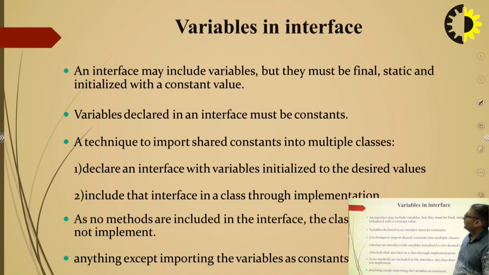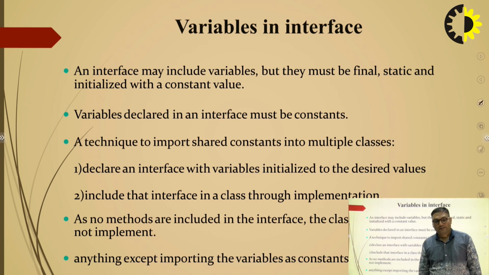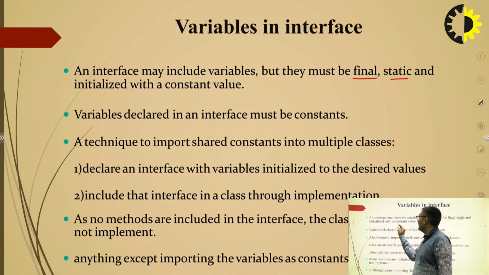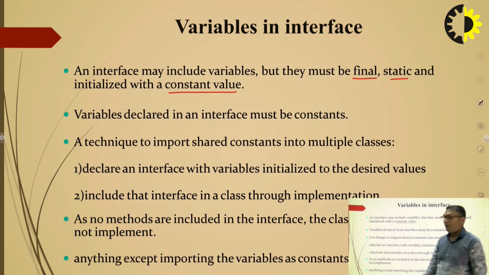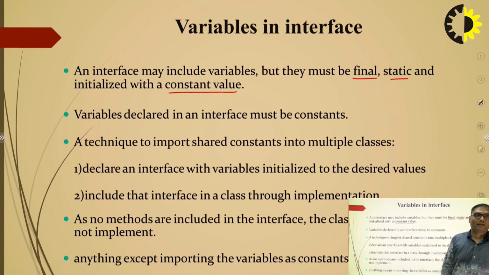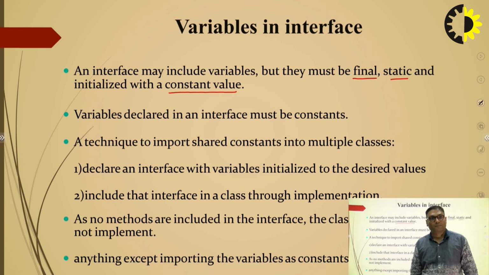Variables in interfaces. When we define a variable inside an interface, there is something we should remember. The interface may include variables, but they must be final, static, and initialized with a constant value. So here the variable will be final, static, and there will be a constant value when we are declaring a variable inside the interface.